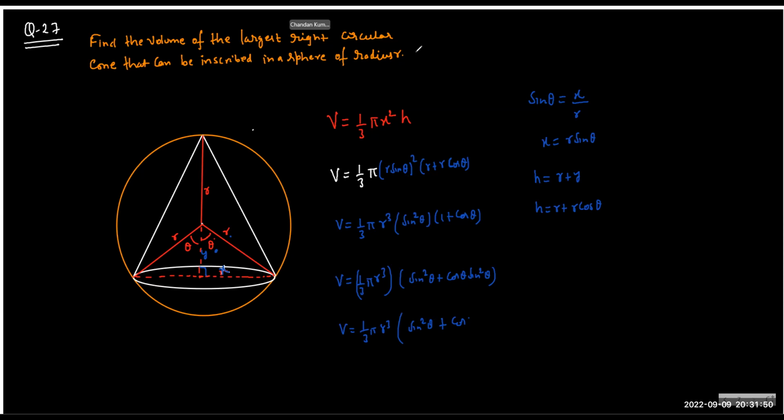Now, because theta is the only variable, how to maximize the volume? This is the thing. To maximize the volume, what must we do? Which variable is determining the volume?